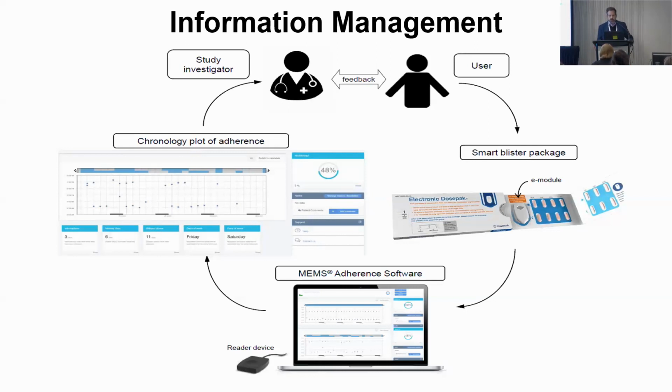Okay, so the data comes. You bring your packet in. There are various device readers. This happens to be one of the more up-to-date MEMS readers, but it's sort of like reading for people who are familiar with pacemakers.